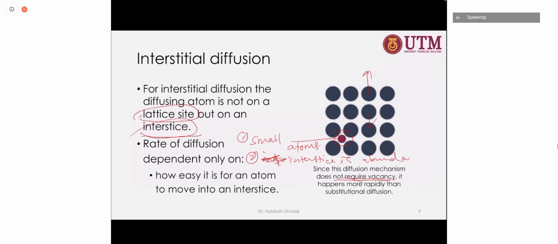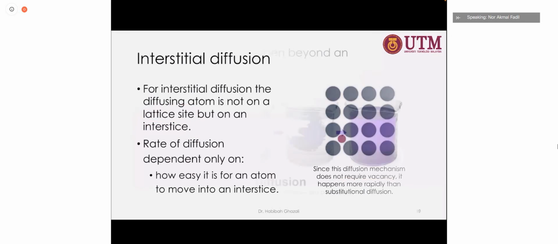There are a lot of interstices everywhere between the atoms. So because of the high concentration of space for interstitial diffusion, interstitial diffusion will occur more rapidly. One reason is because the atoms are small, another is the abundance of sites, which are interstices.